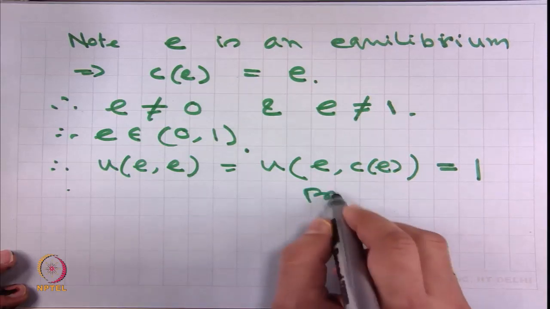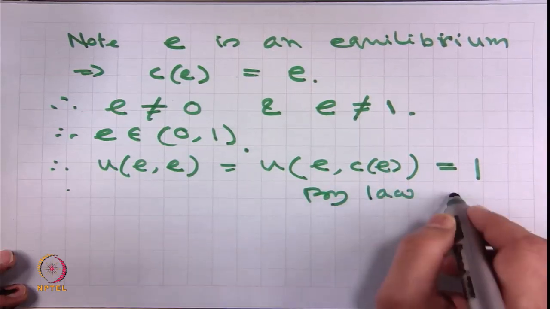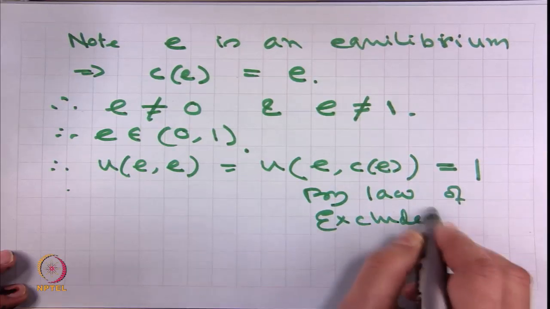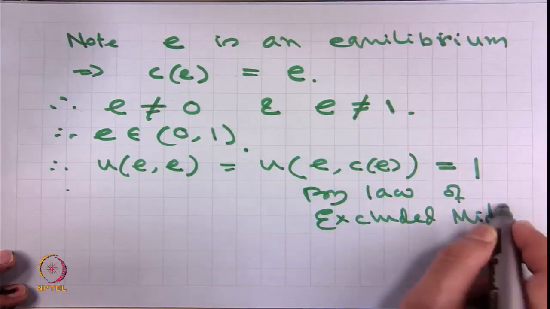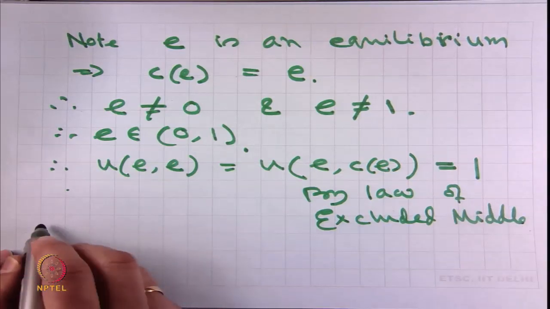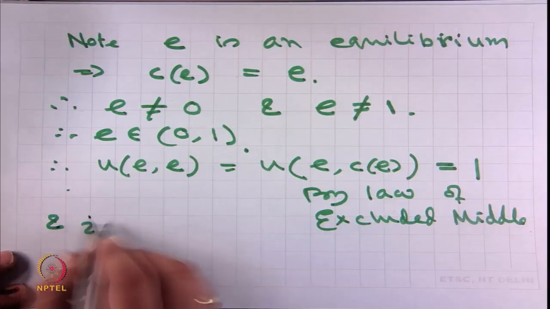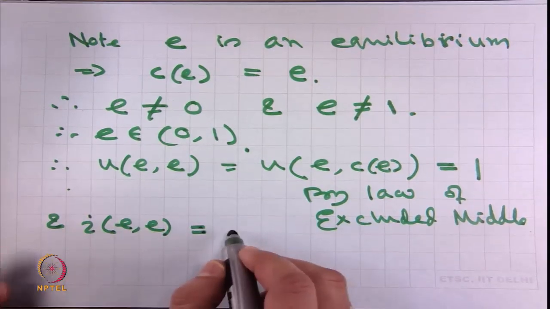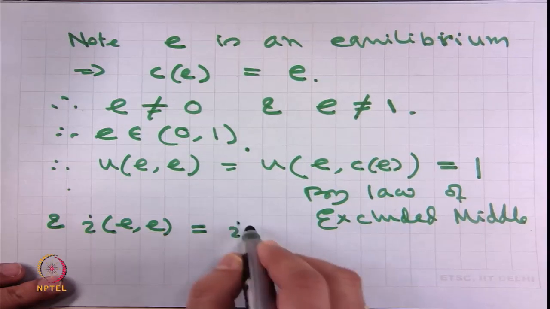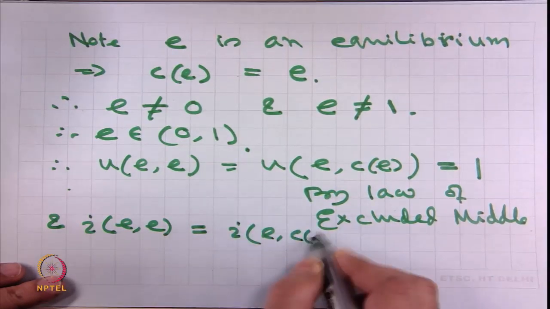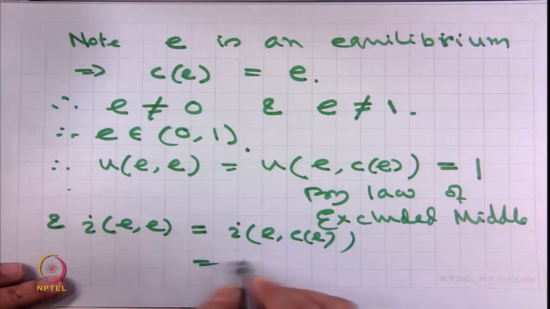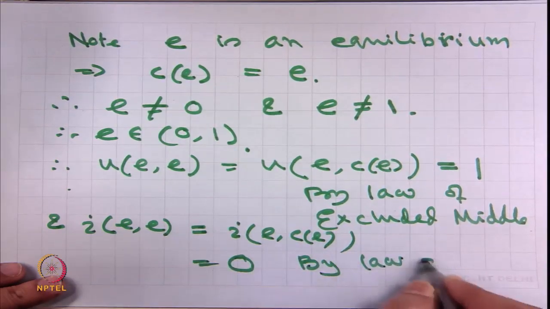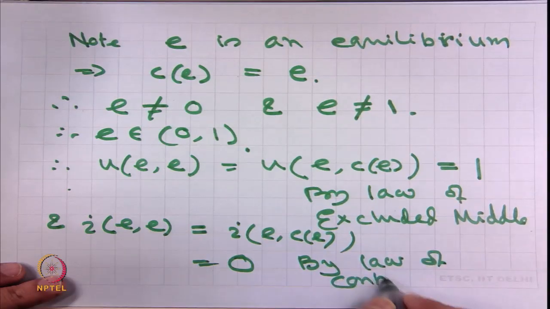This is by the law of excluded middle. And I of E comma E is equal to I of E comma C of E, which is equal to 0 by the law of contradiction.